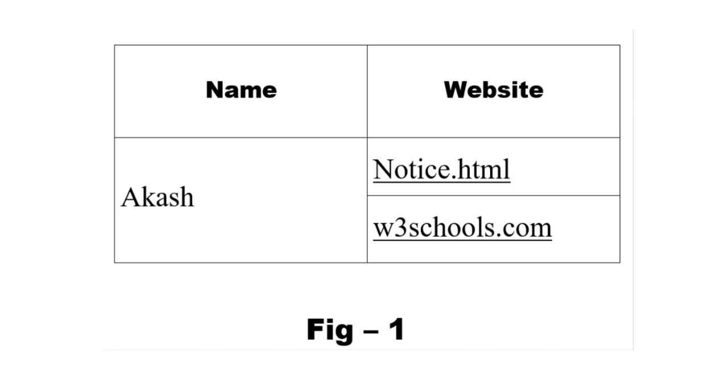So my dear students, you already know about which one is internal link and which one is external link. Now I am telling you again. See here, notice.html, notice is our file name and .html is the file extension. So this one is a personal file, that's why you can say this is an internal link.